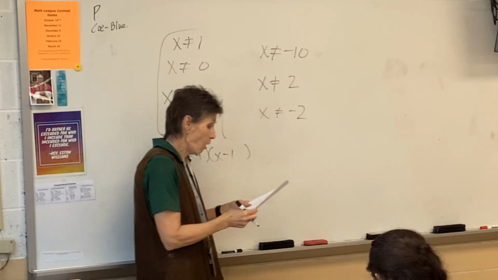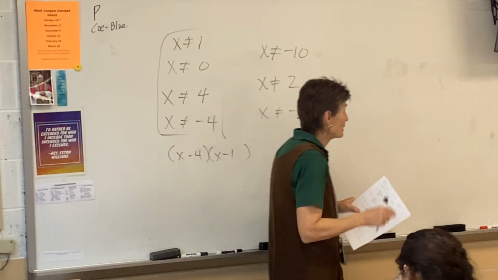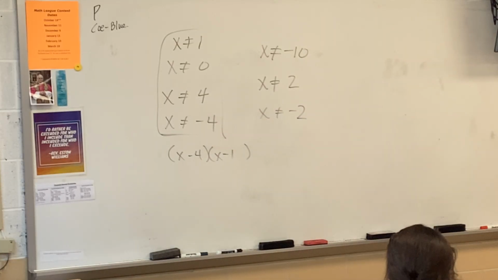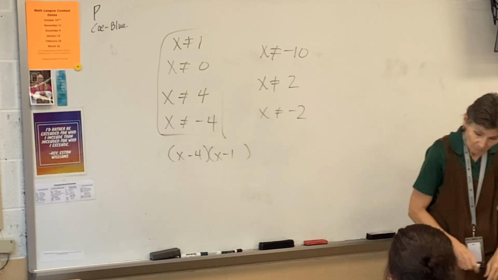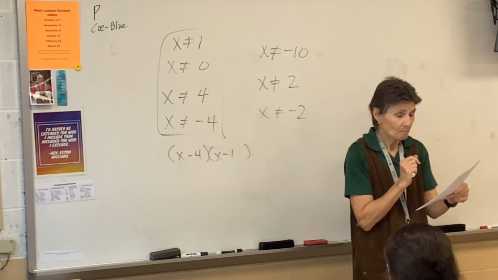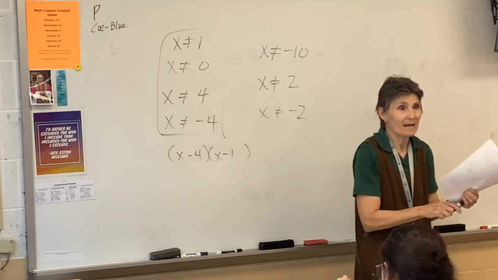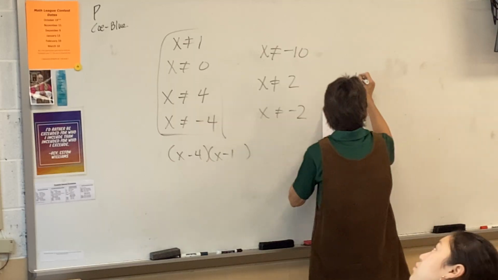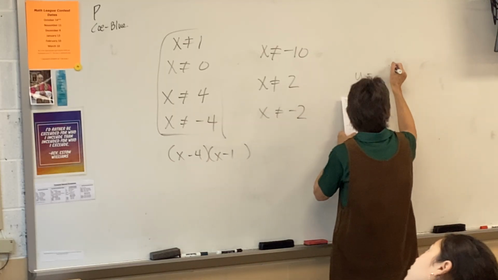All right, find all of the asymptotes. Now, I need to clarify something. I've not done a good job with this. You have vertical asymptotes. All right, let's just start with that. Does problem A have any vertical asymptotes? Well, I need to factor everything and kind of see.